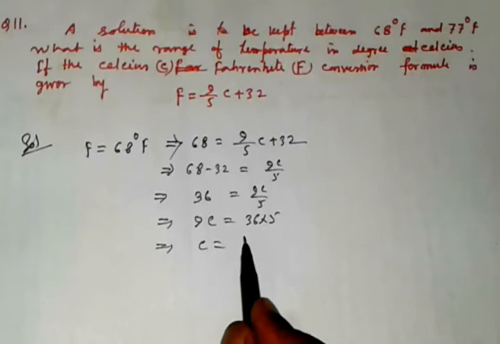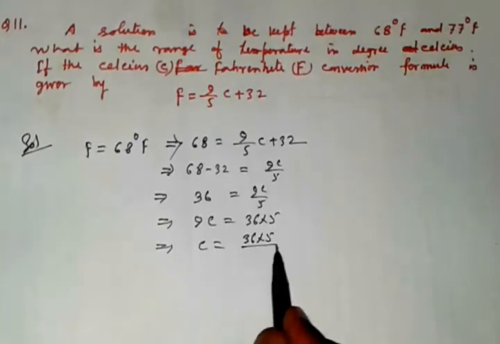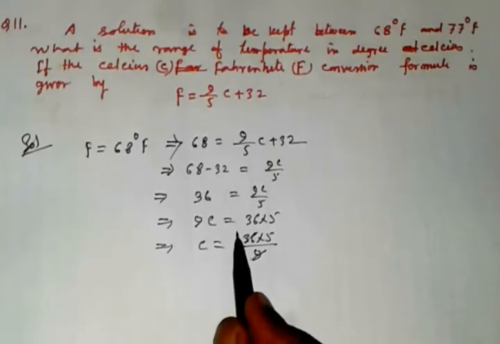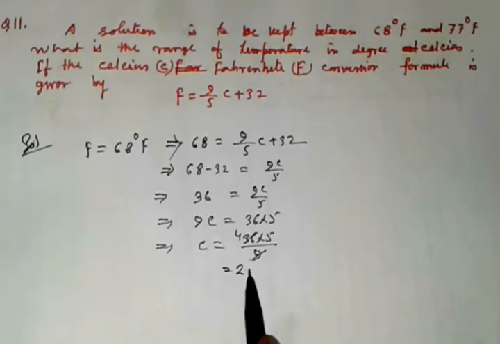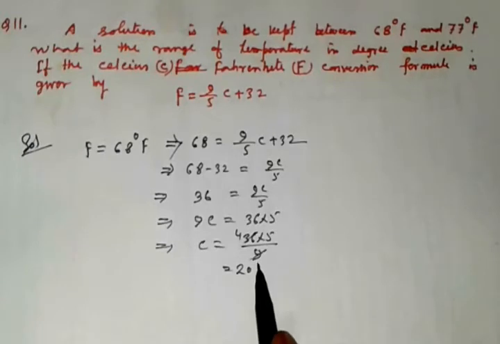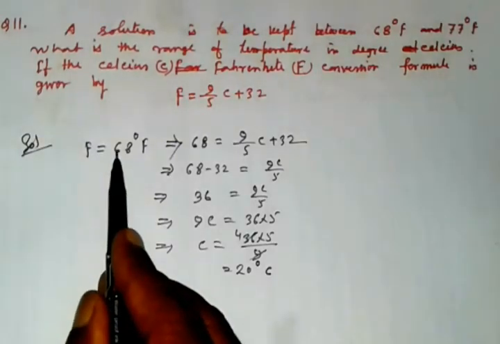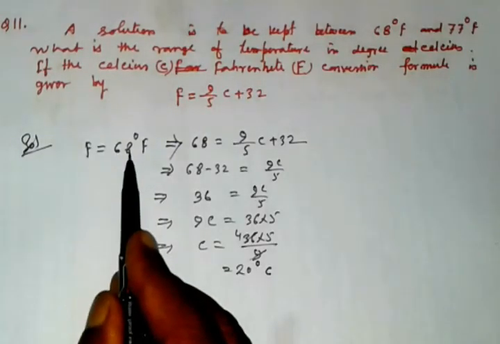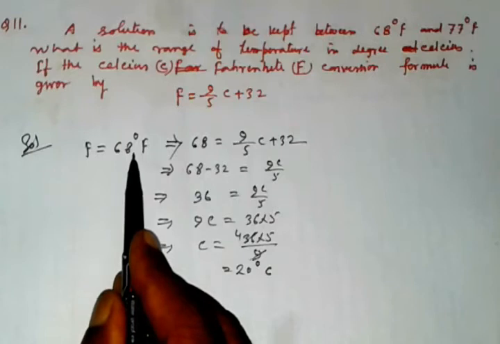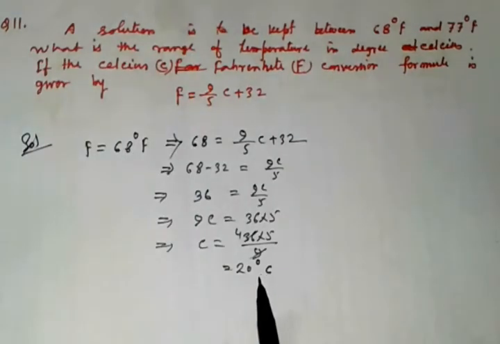C is equal to 36 by 9 into 5, which is 20. Therefore C is equal to 20 degrees Celsius. When the Fahrenheit temperature is 68 degrees Fahrenheit, then Celsius is 20 degrees.